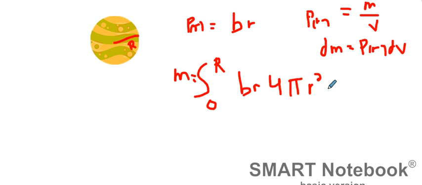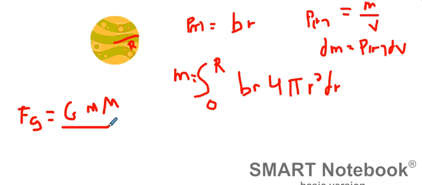Notice how that's little r, times dr. So then, of course, I'm going to integrate this to get my mass. And when I'm done with that, I will plug that mass value into my equation, force gravity equals big G, little m, big M over r squared. So once I take that integral, I'm going to put that in here. And then I'll have a function wherever I'm at inside this planet. I will have a function for the gravity force acting on that object.